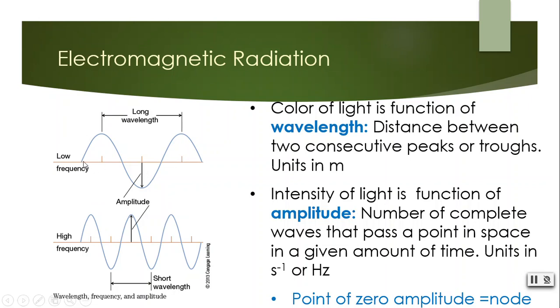So for example, in this first wave, I have 1, 2, 3, 4 nodes. So those are some terms that we use to talk about light. They may be familiar to you from a physical science class.